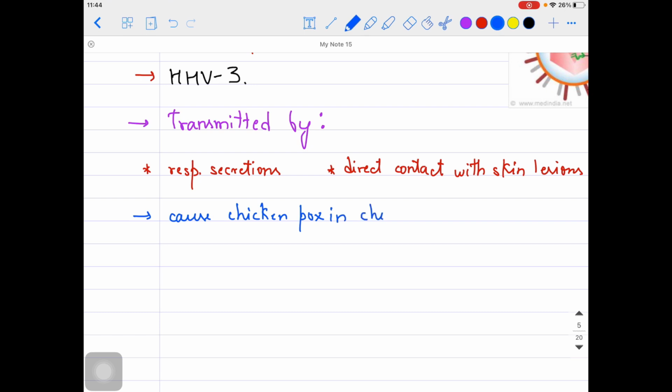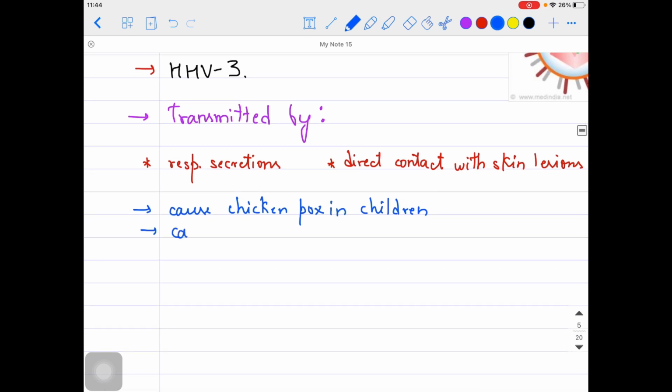All of you in your childhood might have had chickenpox, that common it is. And in the adult age group it causes shingles or herpes zoster. So in between that period of time something might have happened, we'll talk about that. Other than that, in children chickenpox, in adults shingles.